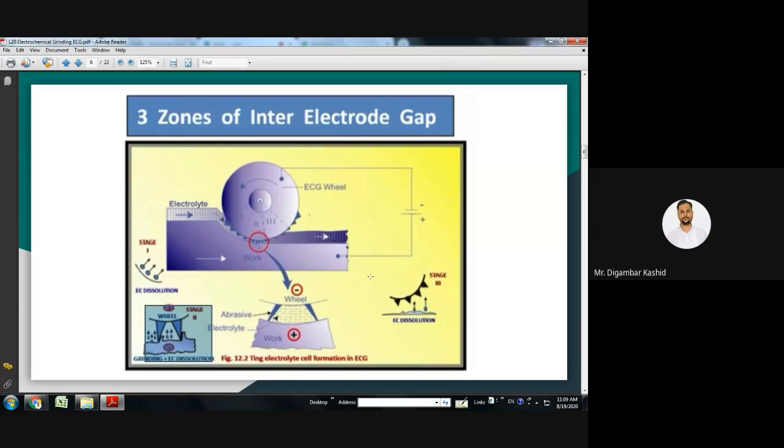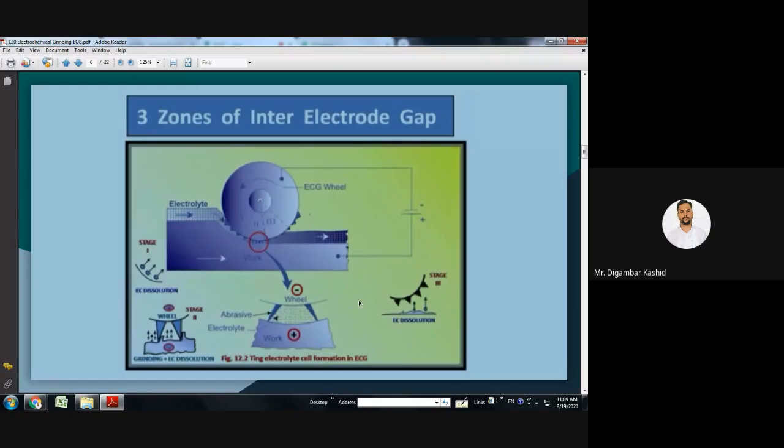And in the third zone, here also there is no physical contact of the abrasive particles with your workpiece. Here also material removal takes place due to electrochemical dissolution only. So you can see here your cathode means your grinding wheel. Abrasive particles are bonded on your wheel.